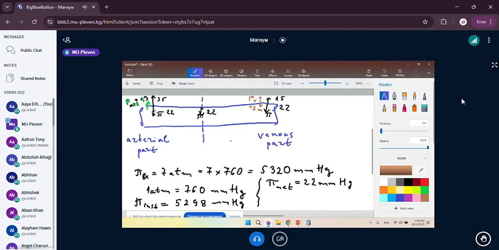So thus water leaves the capillary in the arterial end due to that P arterial net pressure and enters the venous part due to the net pressure of 7 millimeters in that part. So there is a slight non-equilibrium.